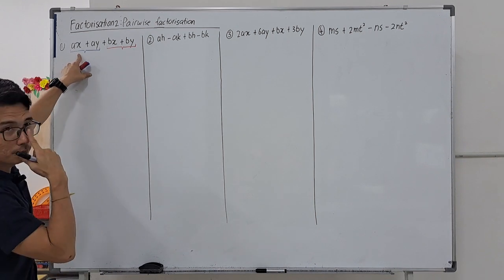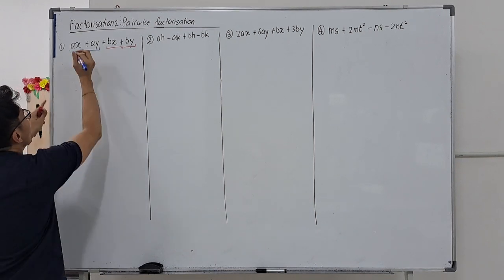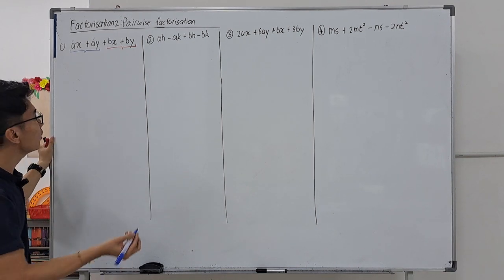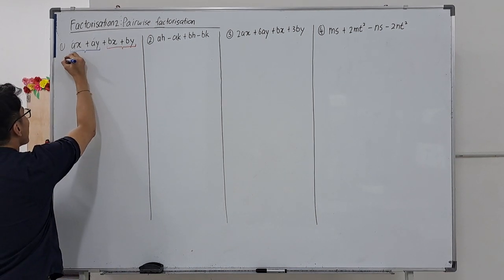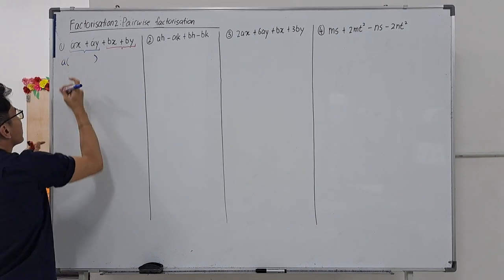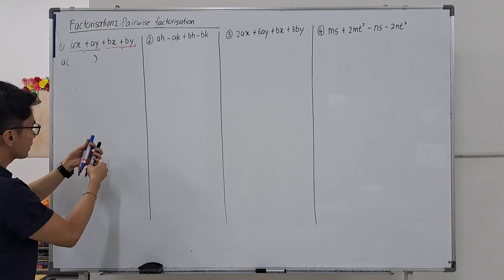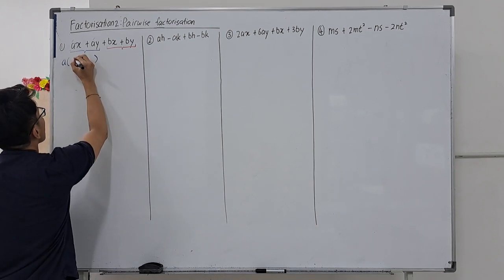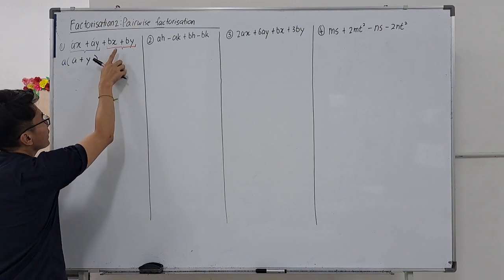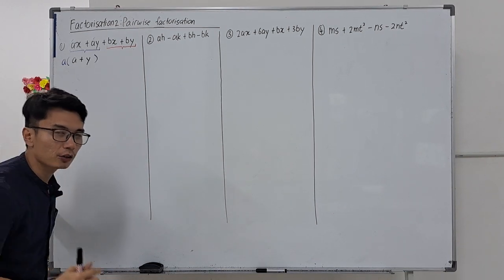If we look at here, we know that we can extract the letter A out, right? We can factorize it out. If I take A out over here, what's left in my bracket? That's going to be A plus Y, right? And for my second pair over here, what can be factorized out?